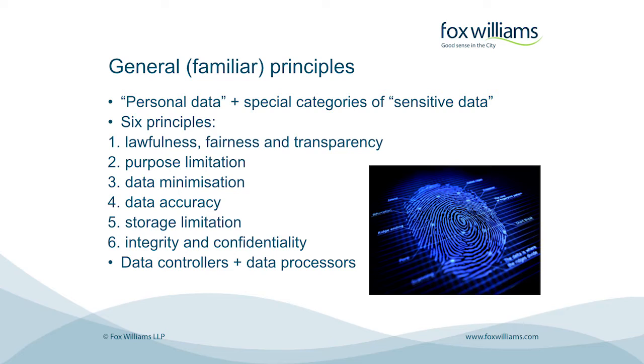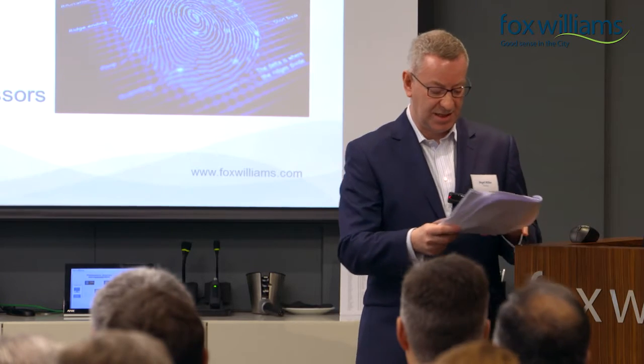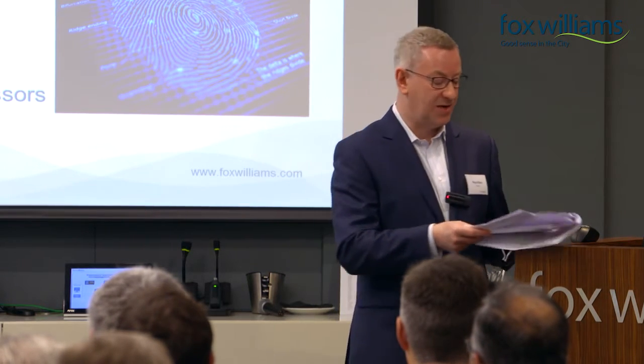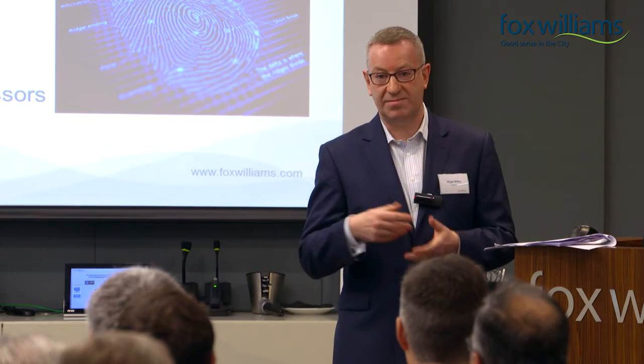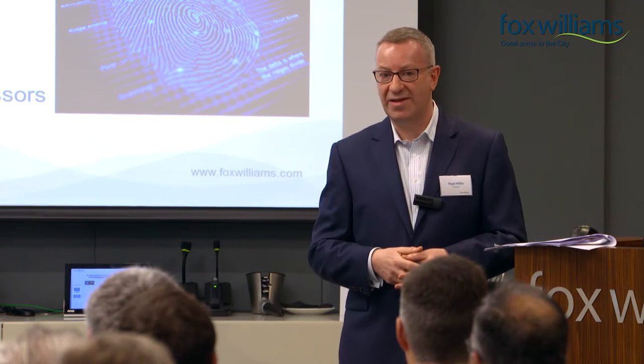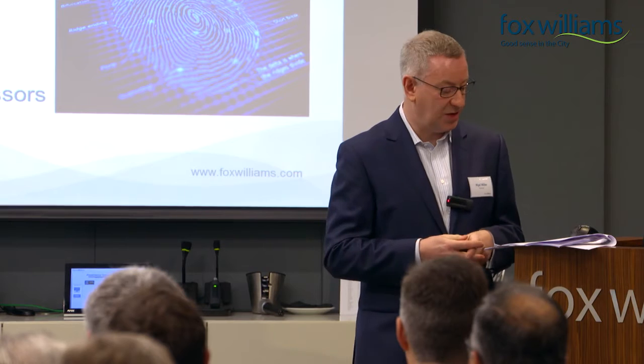Purpose limitation, so just using the data for the purposes that you've told people and not for anything else. Minimisation, only using data that is relevant and limited to what is necessary. Keeping the data accurate and up to date so far as necessary. Keeping data for no longer than you need it. Storage limitation, and of course, data security.